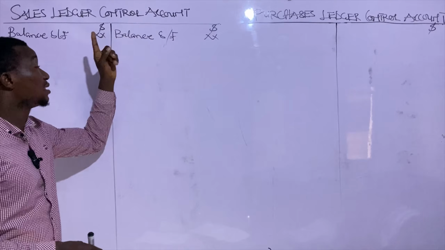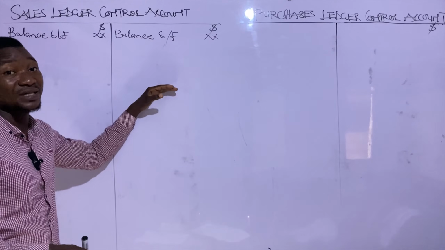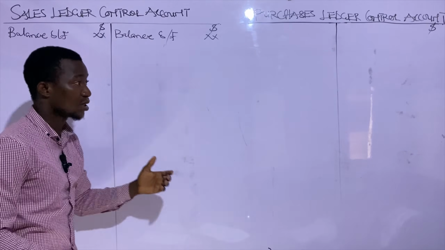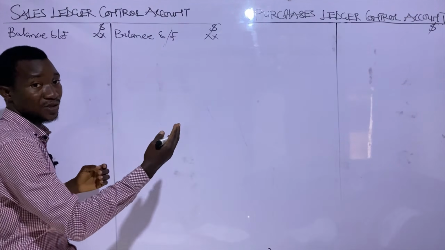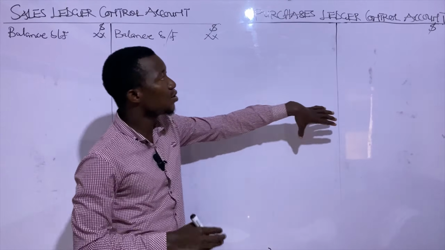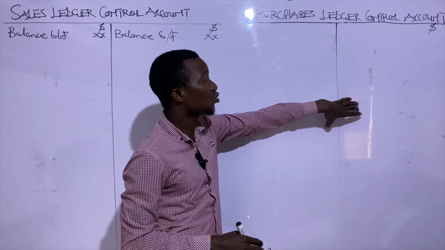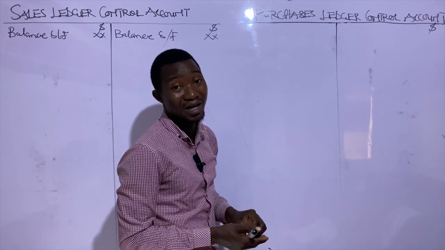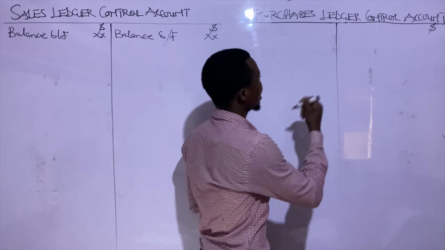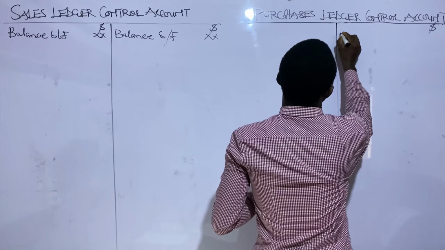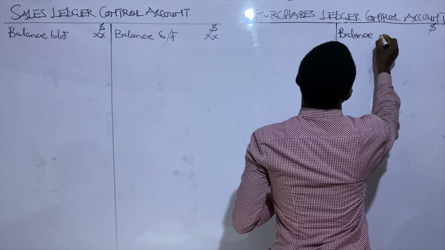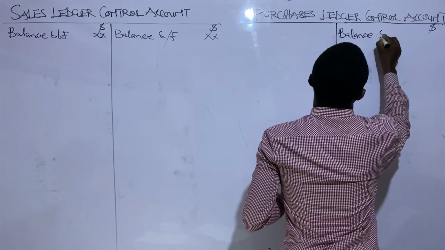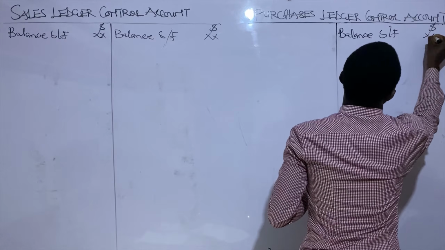In that case, the debtors account could experience a credit balance. So these are some of the reasons. And we are much aware that I want us to be passing the entry simultaneously to enhance our understanding. And we know that for creditors, the total creditors account has a natural credit balance. So for the purchases ledger, we could have a balance brought forward of this.